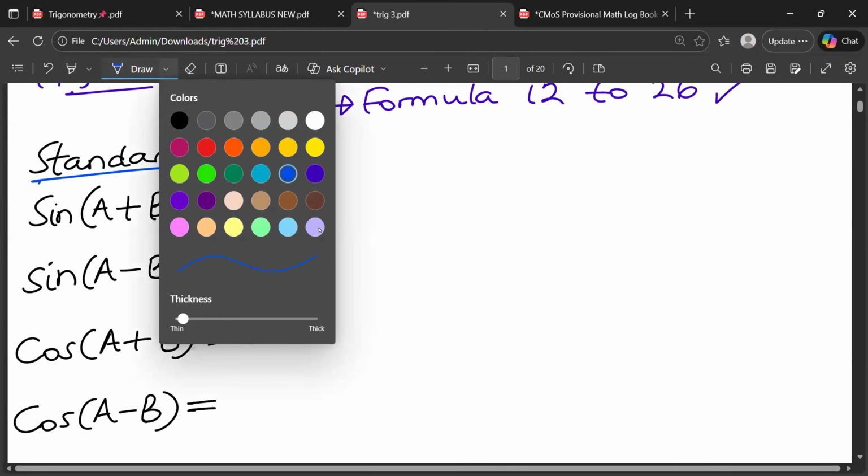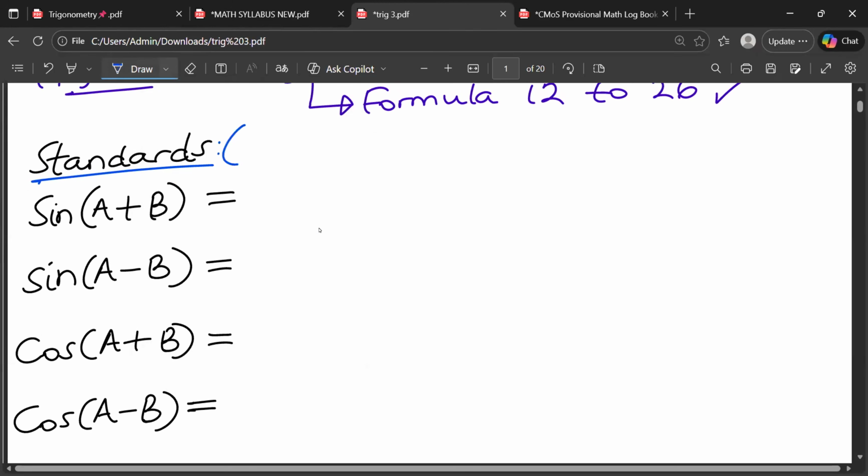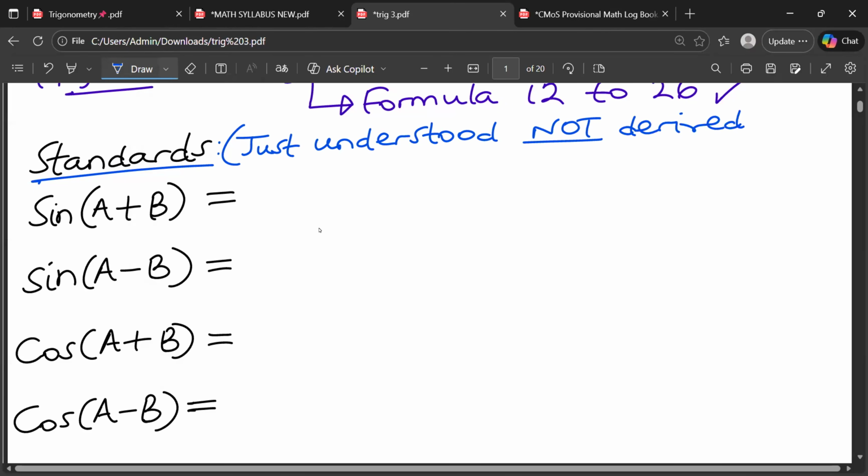So for the standards, these ones, just understand them, not derive them; no need to know how they come about. How they come about will now be your personal research work, but you don't need it. You just need to understand how they are, period.